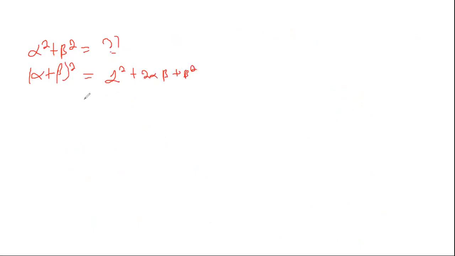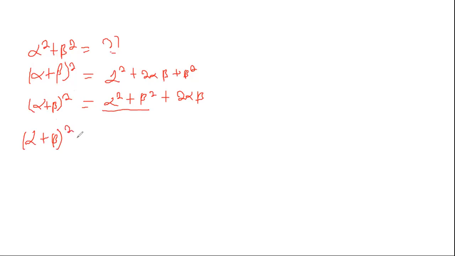Since we need alpha squared plus beta squared, we take 2 alpha beta to the left hand side, giving alpha plus beta squared minus 2 alpha beta equals alpha squared plus beta squared.